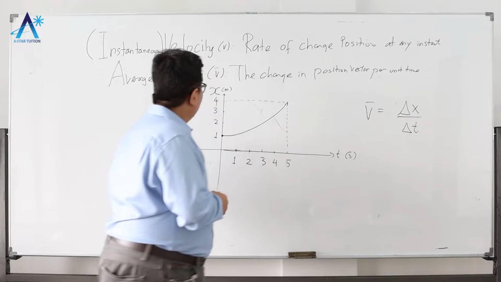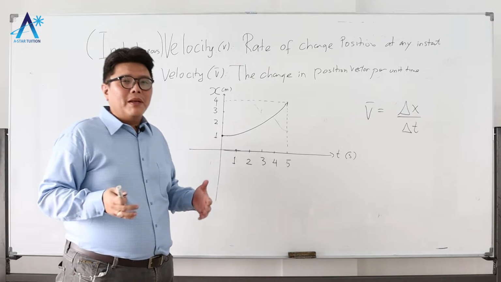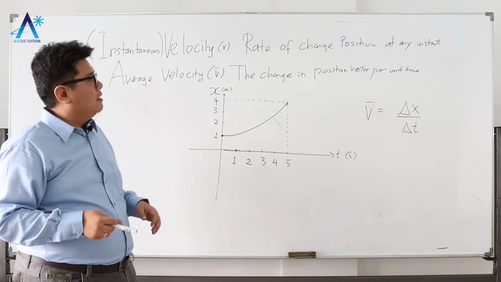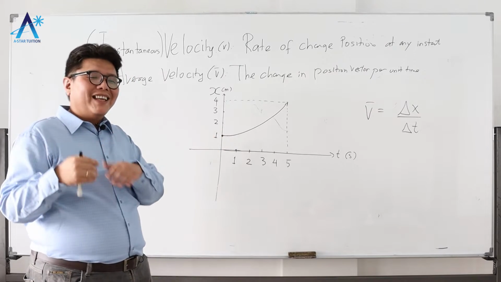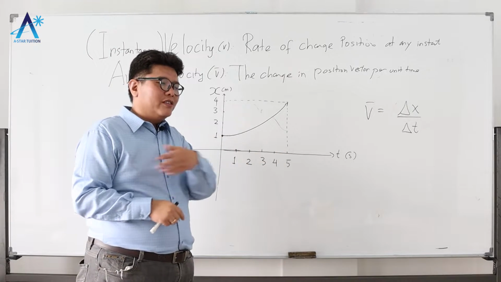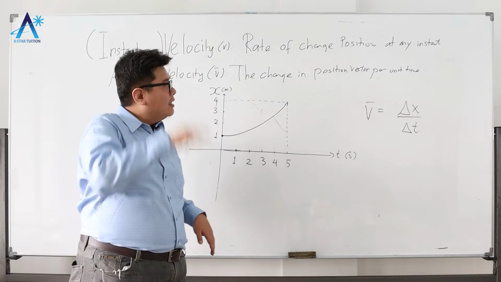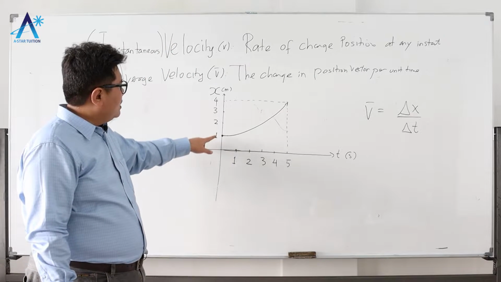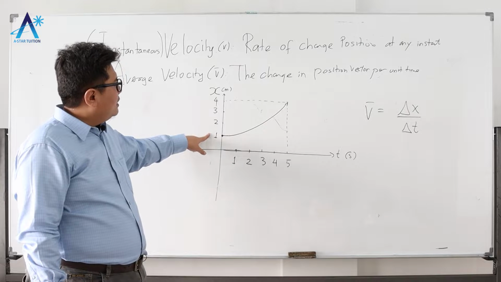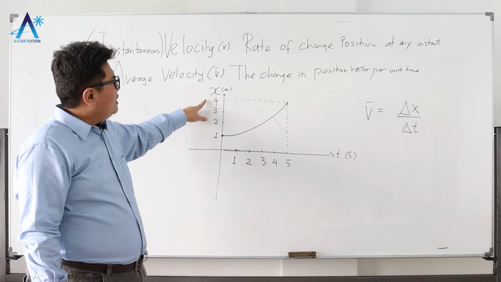Now, in this case, because this is only one dimensional, the notion of vectors is either one way or another, like sideways, horizontal, left and right, or vertical, up and down. So in this case, you can see that the position is at 1 initially, and then finally it is at 4.